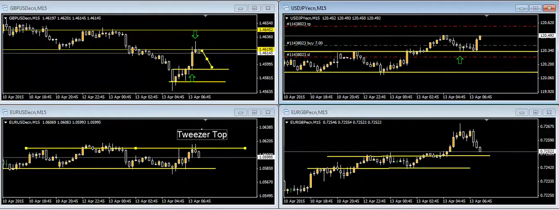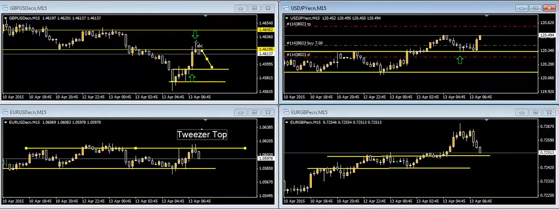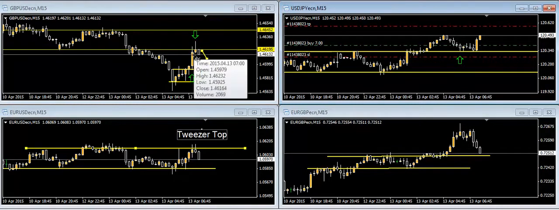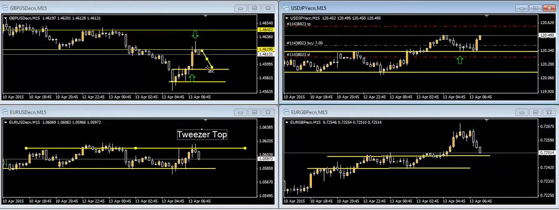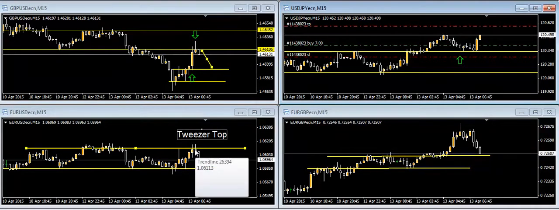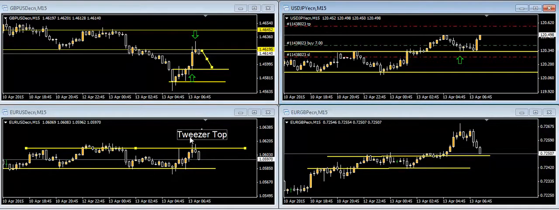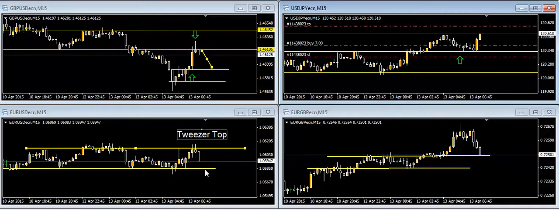Now, just as I indicated, if we get a pin bar here, then I'm expecting price to decline back into the area of support. So with this, we have a tweezer top and see the market retracing back into support here. We could get that breakout to the south side.